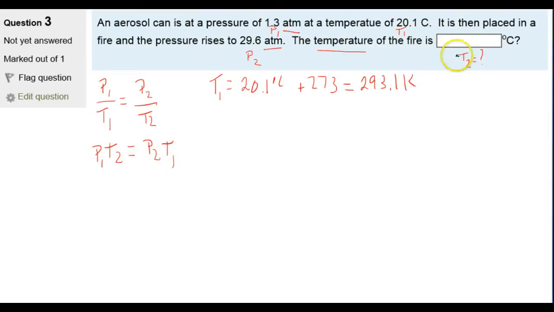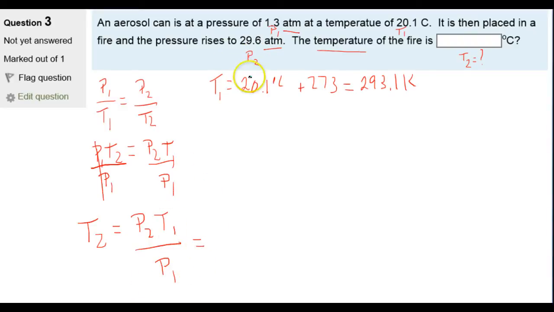And in this formula, we're trying to solve for T2. So to get T2 all by itself on one side of the equal sign, we'll divide both sides by P1. These will cancel out here, and so T2 is going to equal P2 times T1 all over P1. We just put our variables in now.